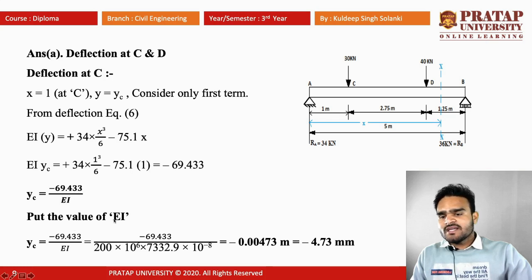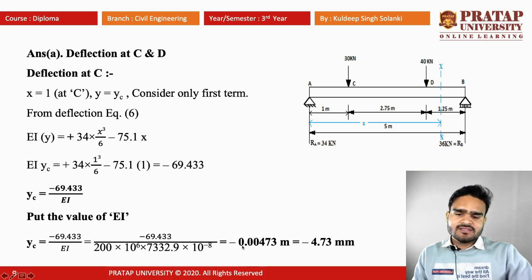Put the value of EI given in our question: E is 200 into 10 power 6, and I, the moment of inertia, is 7332.9 into 10 power minus 8. Now put the value of EI, and finally we can calculate the deflection at C. Deflection at C is minus 0.00473 meter, and after converting it to mm, minus 4.73 multiplied by 1000, it is 4.73 mm.